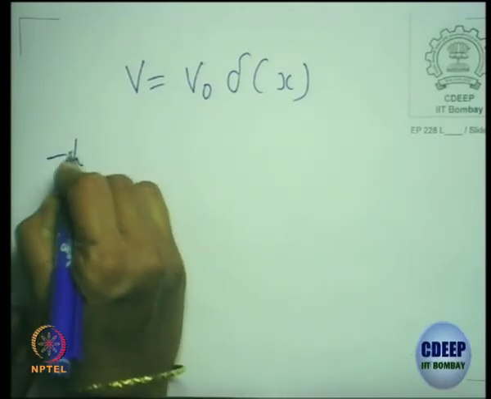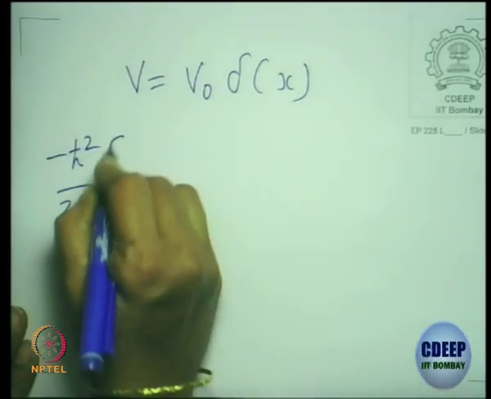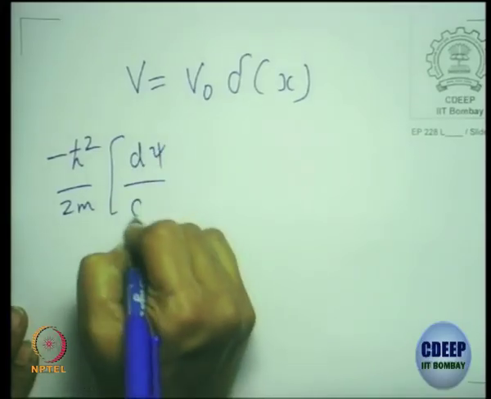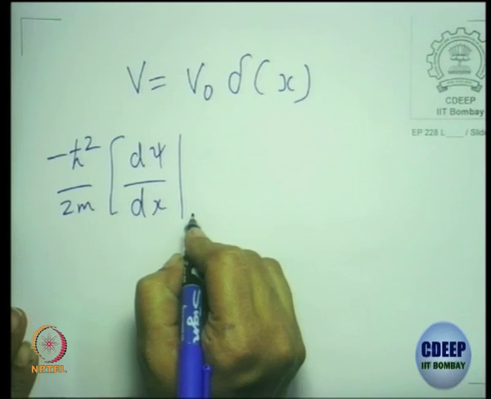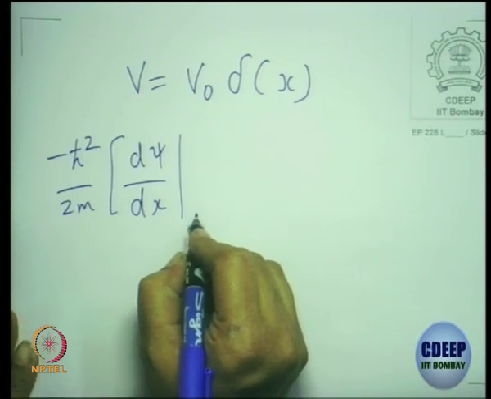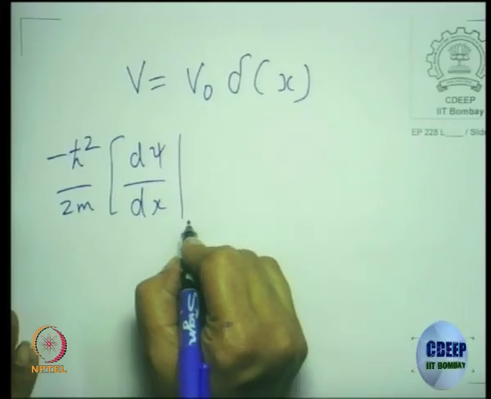We will have ħ²/2m times dψ/dx at epsilon, right, minus epsilon.